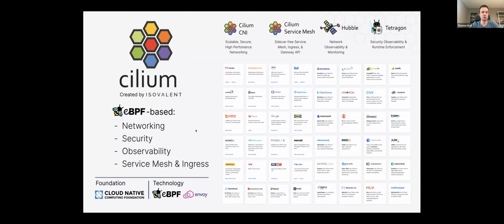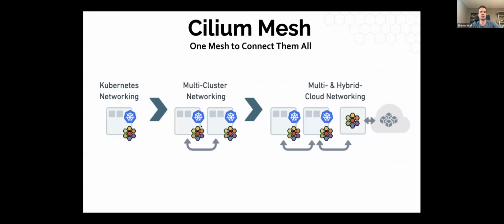But let's jump into the topic of this introduction, Cilium Mesh. Cilium Mesh is the natural evolution of Cilium itself. And to many of you who have been using Cilium for a while, it probably comes very naturally. Initially, Cilium was exclusively focusing on providing Kubernetes networking.